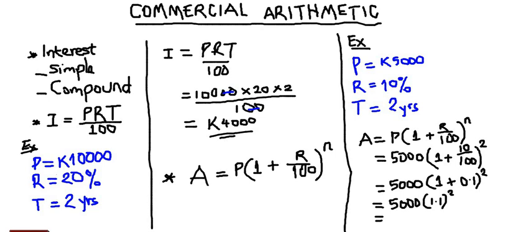So 1.1 squared is 1.21. So we have 5,000 times 1.21, which will give us 6,050 kwacha.